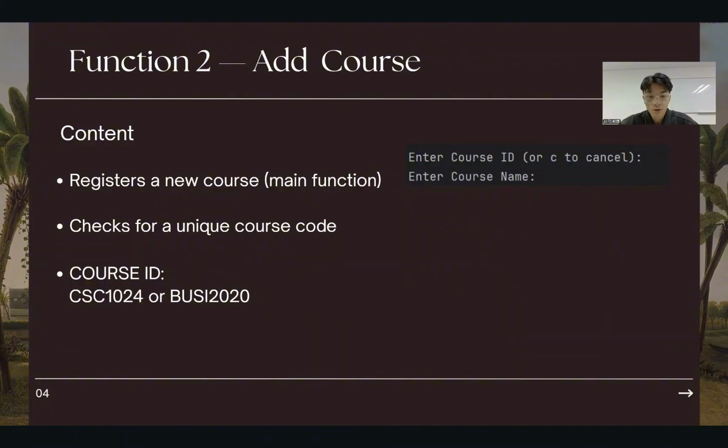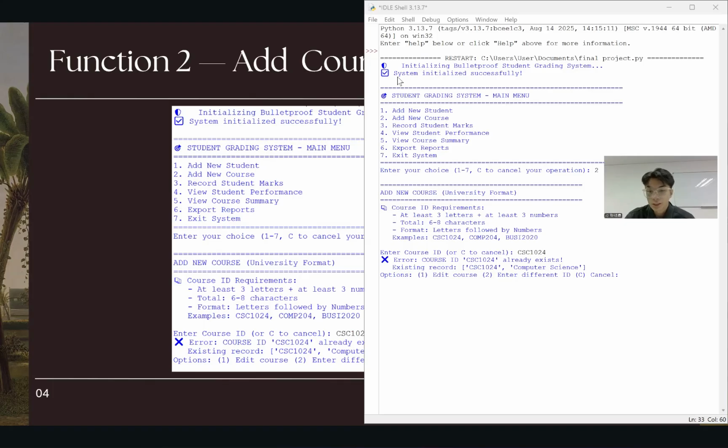The system checks whether the course ID entered by the user already exists in the courses file, and if a duplicate is detected, the program immediately displays an error message and offers three choices: edit the existing course, enter a different course ID, or cancel the operation, which brings the user back to the main menu.